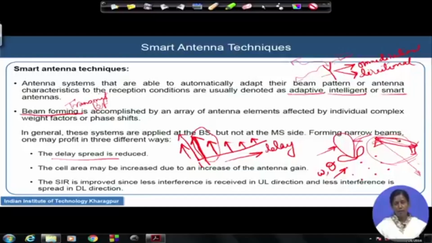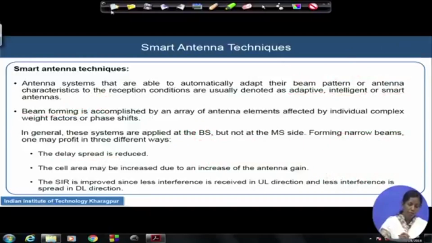So the smart antenna technique can play a very nice role in controlling the interference of a CDMA network. It is an interesting technique by means of which you can enhance the signal to interference ratio, increase the cell radius, and increase the data rate of the transmission because you are gaining in terms of received signal power. So it has huge advantages.